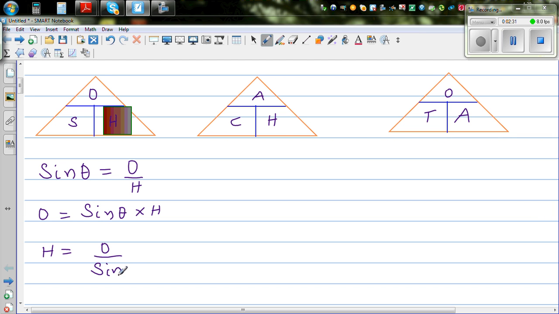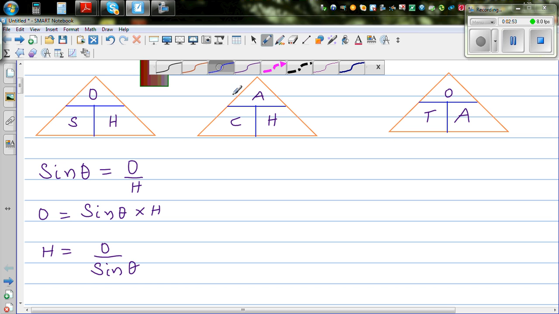So there are three formulas you can read. Sine theta is O divided by H. O, that is opposite, is sine theta times hypotenuse. And hypotenuse is O divided by sine theta. Let me use a different color here.